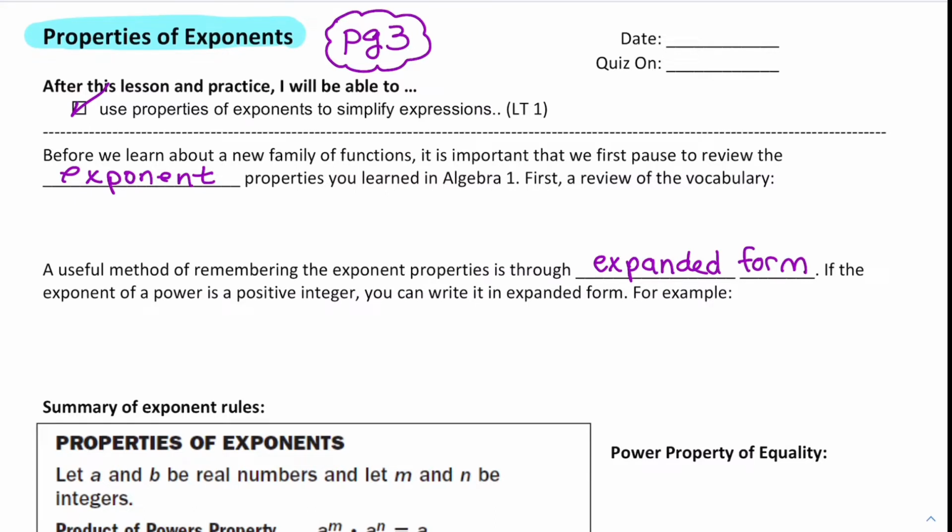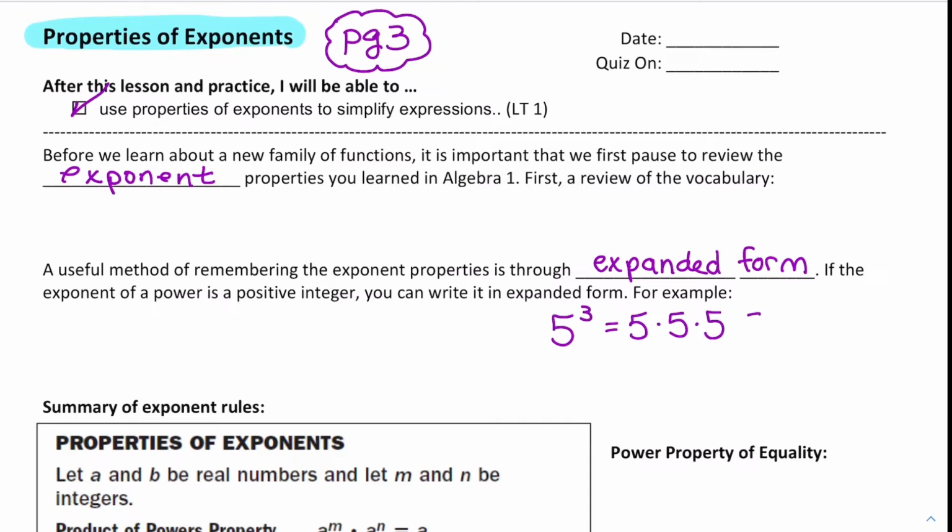If the exponent of a power is a positive integer, a positive signed whole number, you can write it in an expanded form. So for example, let's say we had 5 cubed, 5 raised to the third power. This in expanded form is simply 5 times 5 times 5.